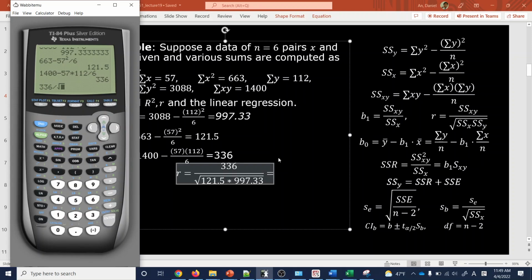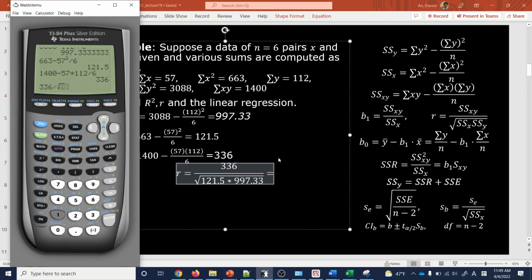Otherwise, all you would learn in this class is just punching raw data into the calculator, and you wouldn't have any idea where these numbers come from. What are B1 and B0? They are what I called in the last lecture A and B in the linear regression, A plus Bx. I'll explain.